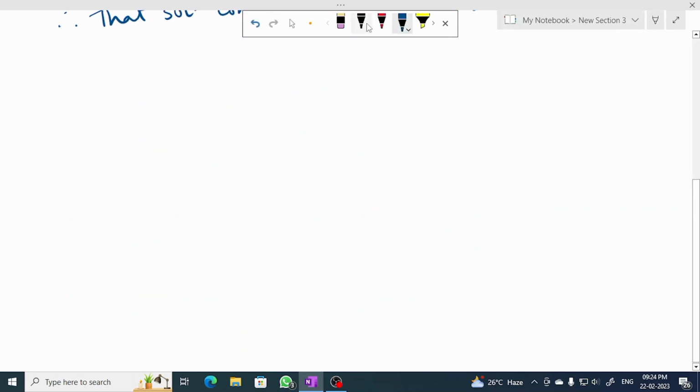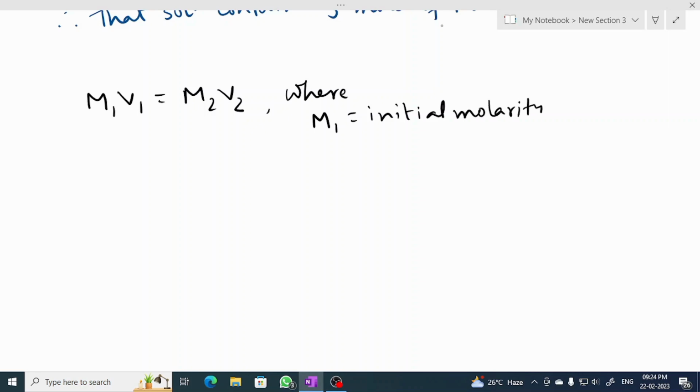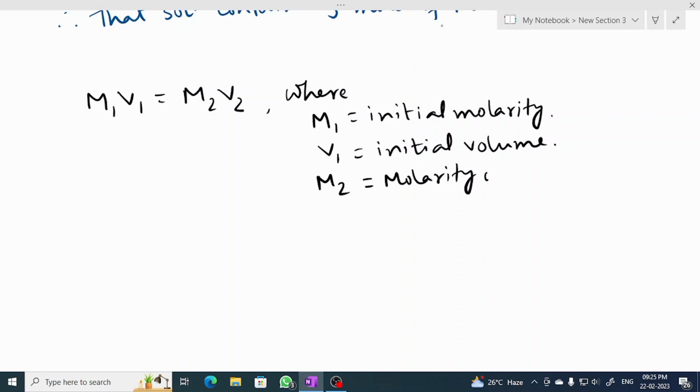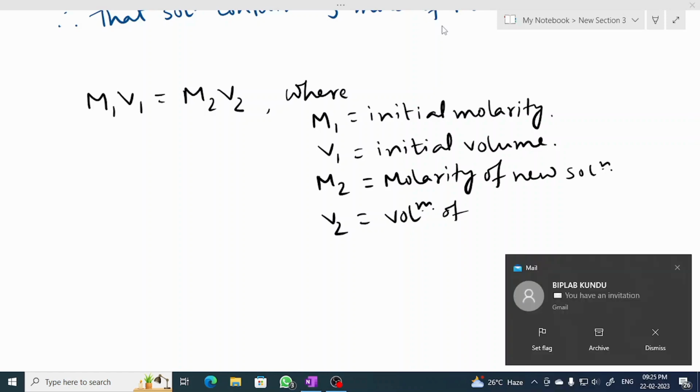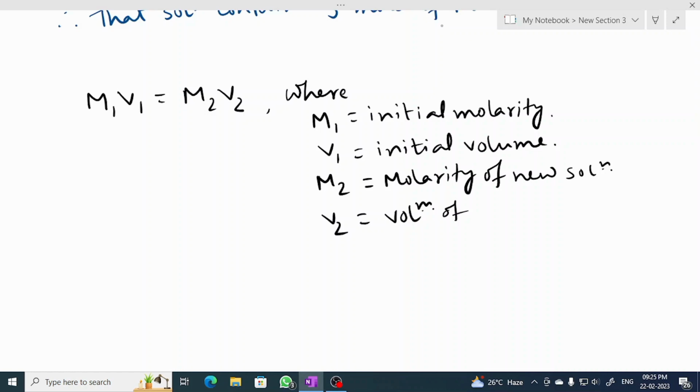That is M1V1 is equal to M2V2, where M1 is initial molarity, V1 is initial volume, M2 is molarity of new solution, and V2 is volume of new solution.